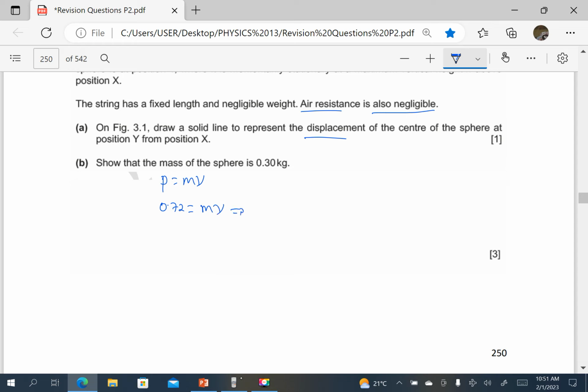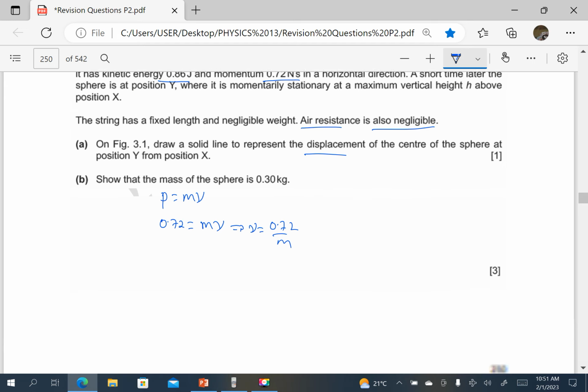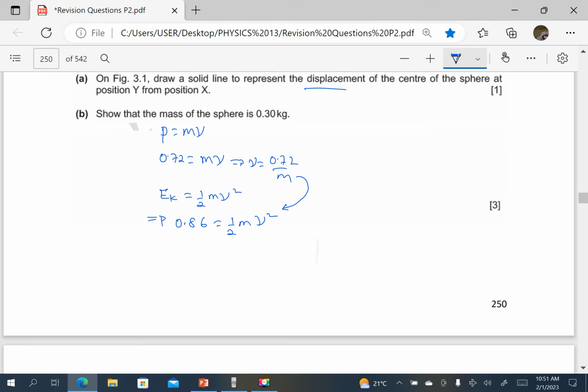Therefore, the velocity is equal to 0.72 divided by the mass. Also, they have given us the kinetic energy of 0.86 joules. You and I know that kinetic energy is equal to a half m v squared, which therefore implies that 0.86 should be equal to a half m v squared. So I am going to substitute for v in that expression to get m.